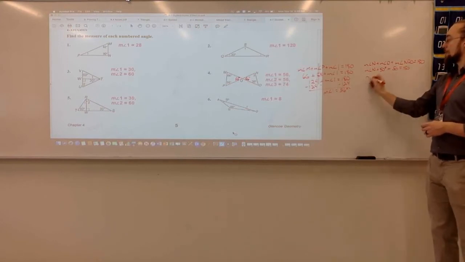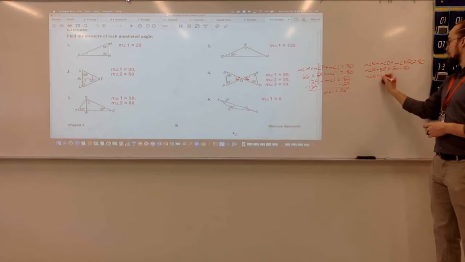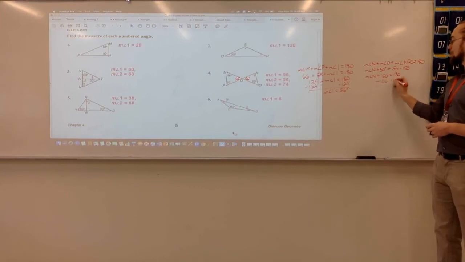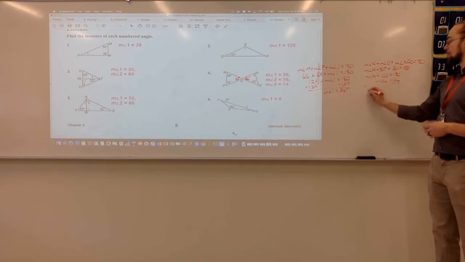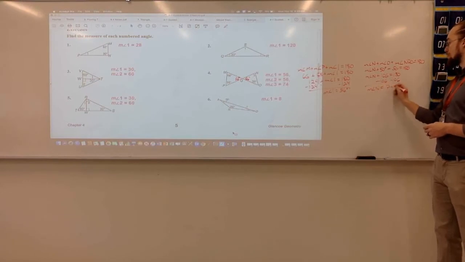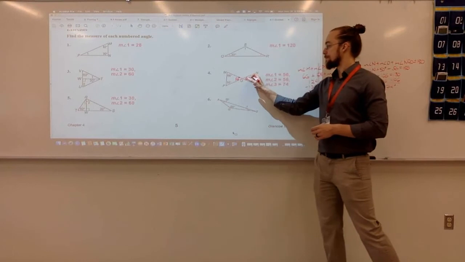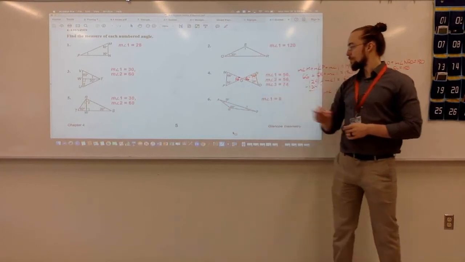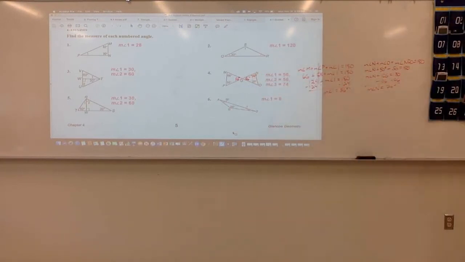Add these together. So 106, subtract that over, and we get that that missing angle is 74 degrees. Okay. Any questions on these so far?